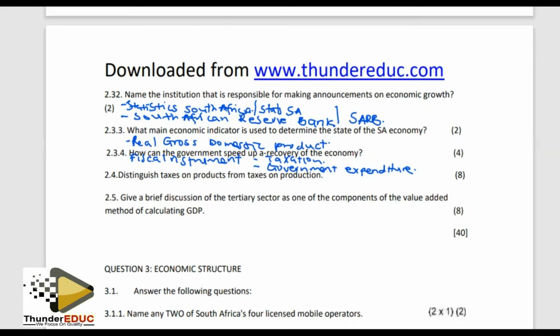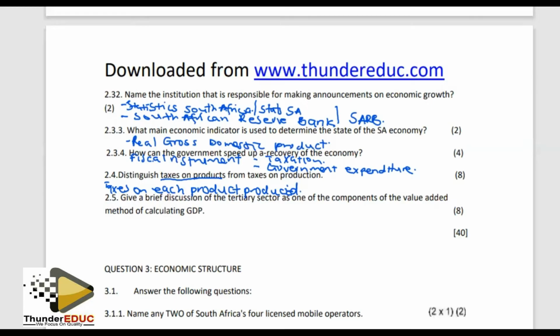These are taxes on each unit of a product produced by a given industry.